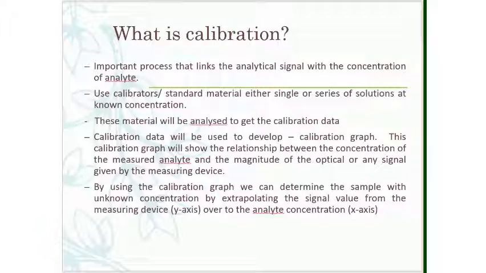This calibration graph will show the relationship between the concentration of the measured analyte and the magnitude of the optical or any signal given by the measuring device. By using the calibration graph, we can determine the sample with unknown concentration by extrapolating the signal value from the measuring device on the y-axis over to the analyte concentration, which is on the x-axis.